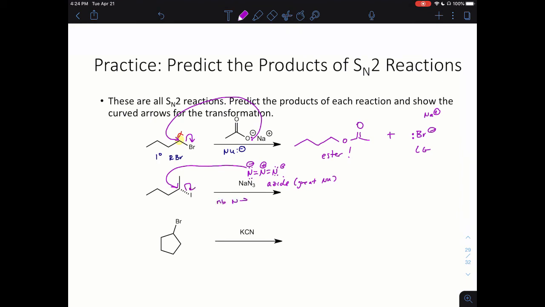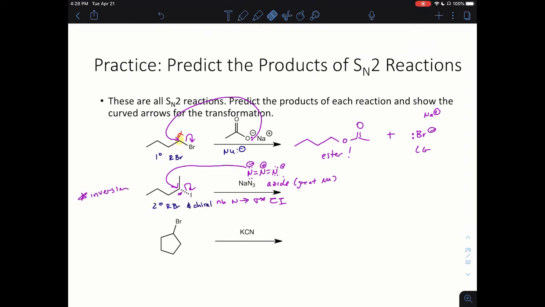So non-bonding nitrogen into sigma star C-I. And I got so excited I didn't even think about the alkyl halide. So let's go ahead and think about the alkyl halides. We have a secondary alkyl halide, and it's chiral. Cool. So we have a chiral secondary alkyl halide.